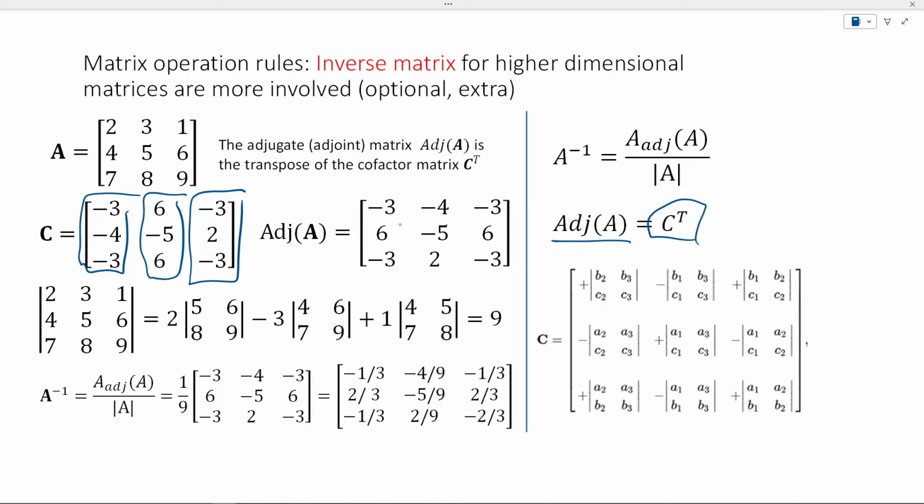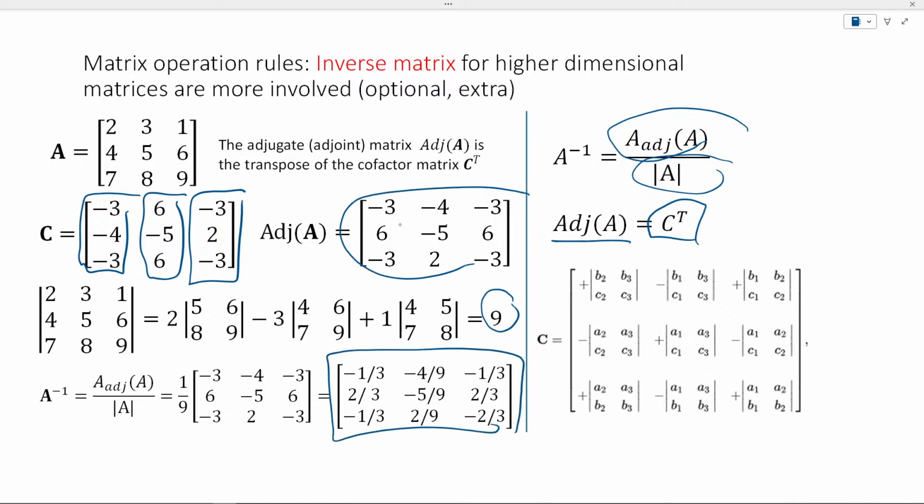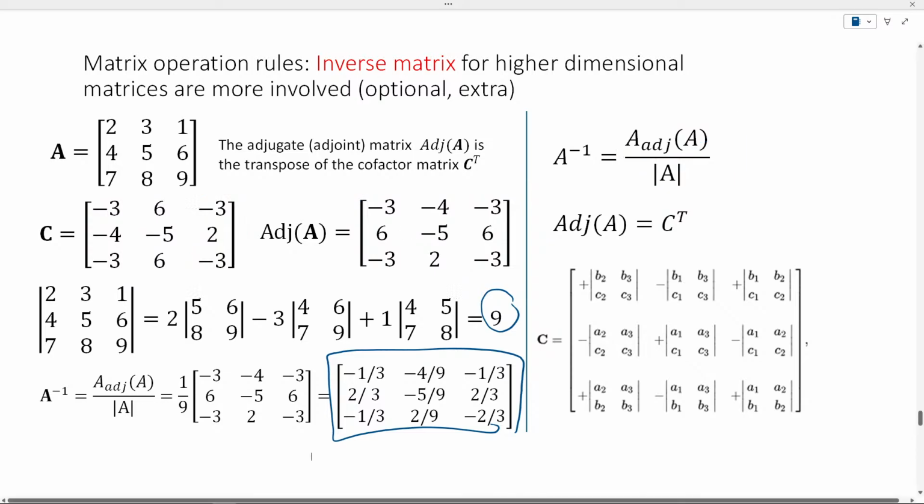And then to find the inverse, you divide the adjoint matrix by the determinant of the matrix. So you have to calculate the determinant of the matrix. Basically, you divide this guy by 9, and then that would be the inverse of this matrix. And we typically solve this numerically, or with a calculator, if your calculator can do this also.